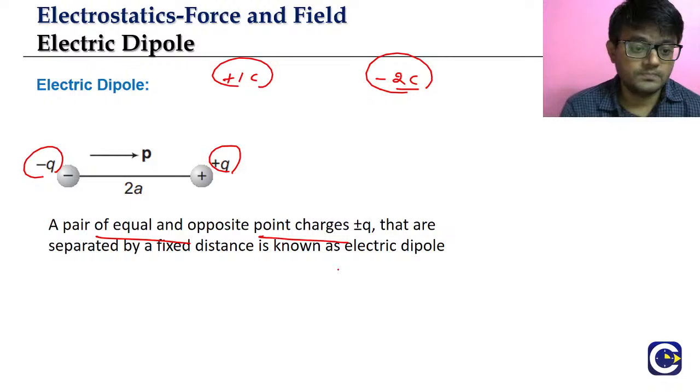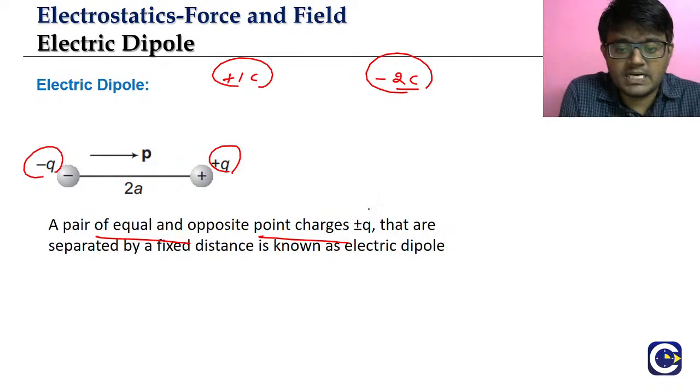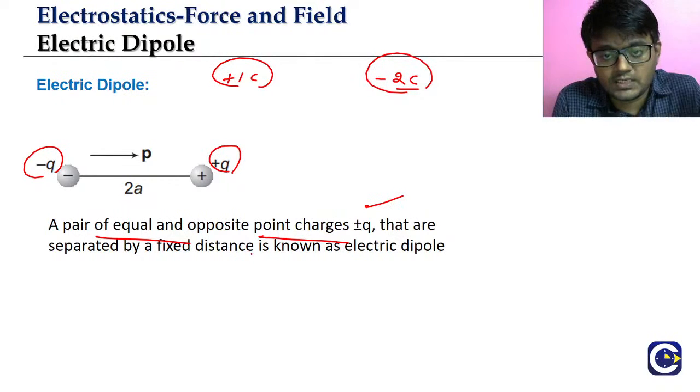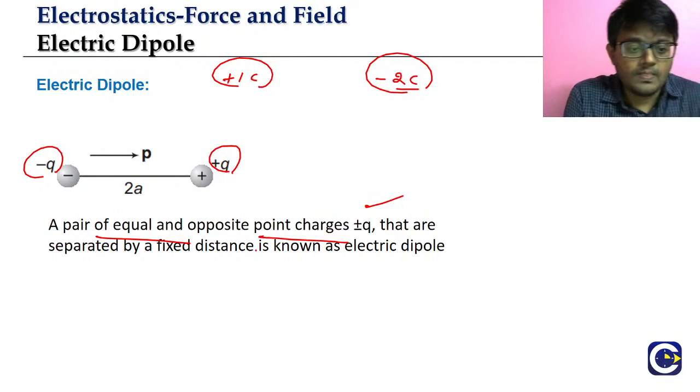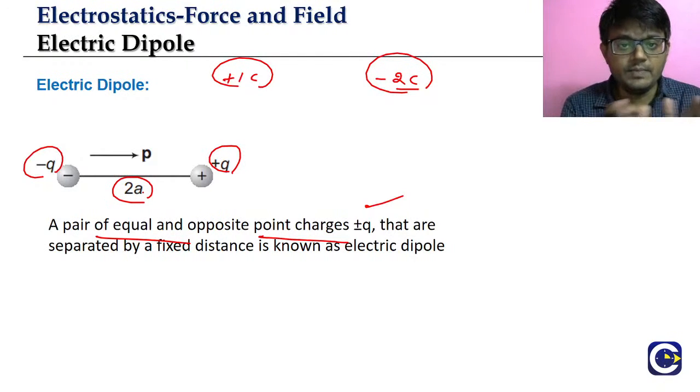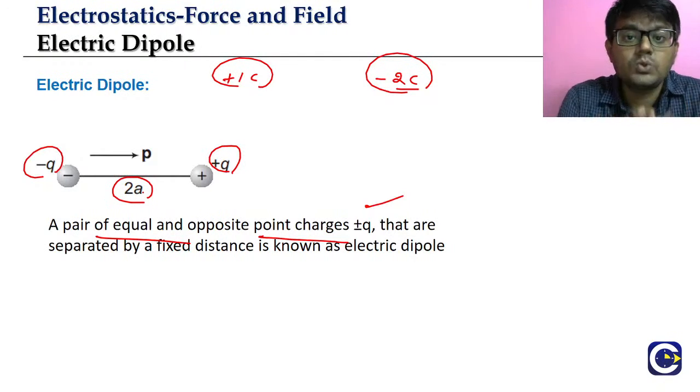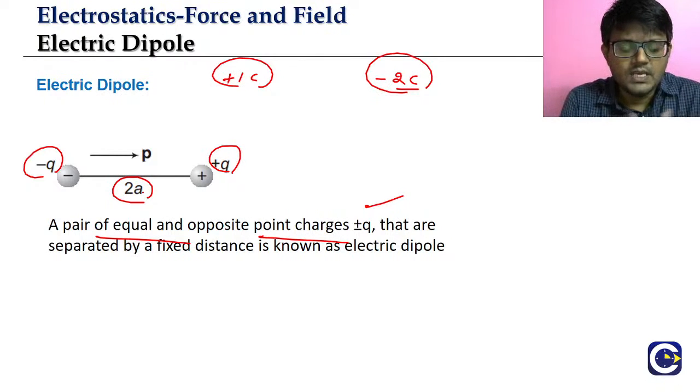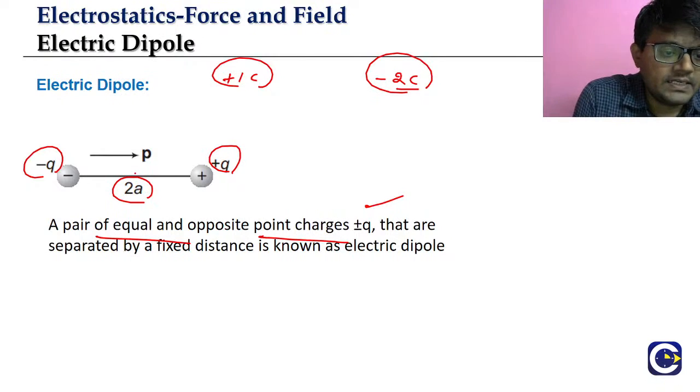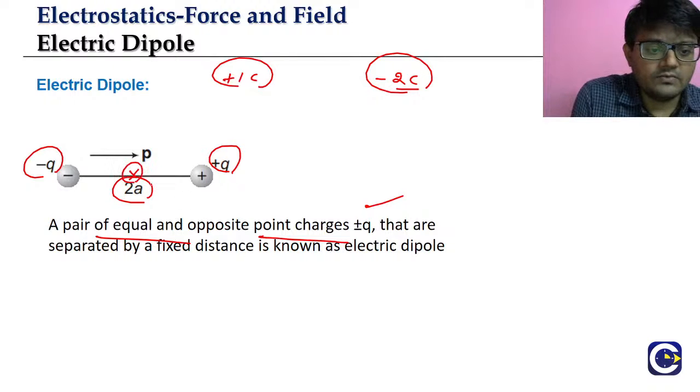electric dipole. Generally, we represent the charge value on these particles as plus q and minus q. The distance between the two charges we indicate with the value 2a. The middle point is called the center of the dipole.